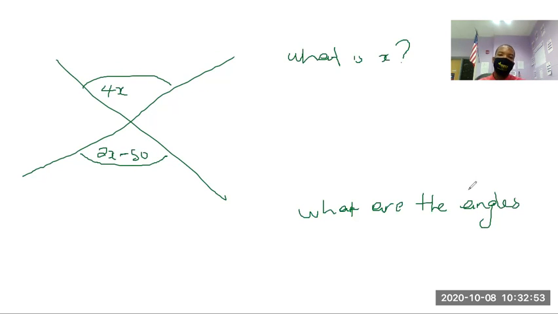And again, this is where we're solving for vertical angles using some algebra, the additive inverse and the multiplicative inverse. So if I'm going to set up my equation, it's going to be 4x equals 2x minus 50.